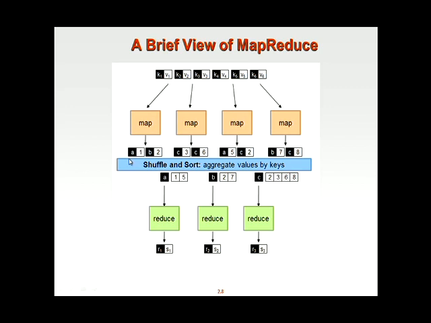So for example, here each map function generates two key value pairs. And next is the job of MapReduce, not the job of us. So MapReduce will do shuffle and sort. It will aggregate the values by keys and also sort the keys.